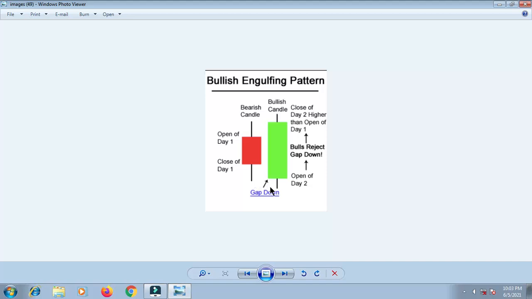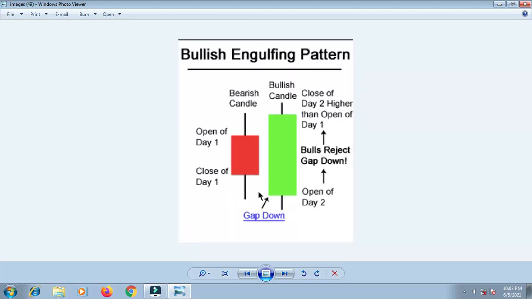In this kind of pattern, a red candle closes, the next day it opens negative at the gap down, then it goes up and forms a big green bullish candle, and it closes above the high of the previous day candle.